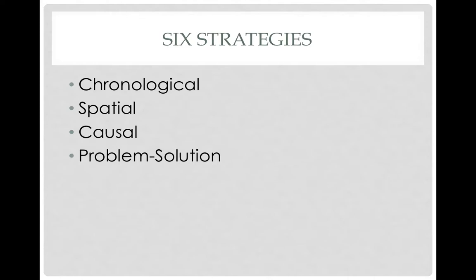You will be required to use a variation of problem solution for speech number 3. So I do want to show you that today, but we won't be using problem solution for speech number 2. Pro-con is actually not talked about in the textbook, but is an organizational strategy that you can use. Topical is the last one that I'll cover.